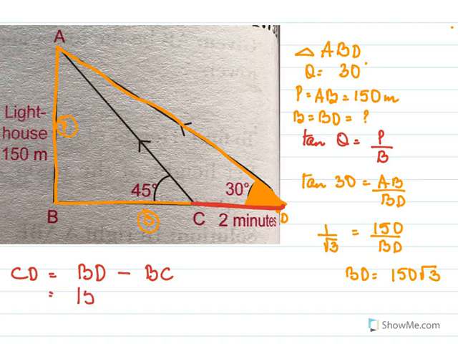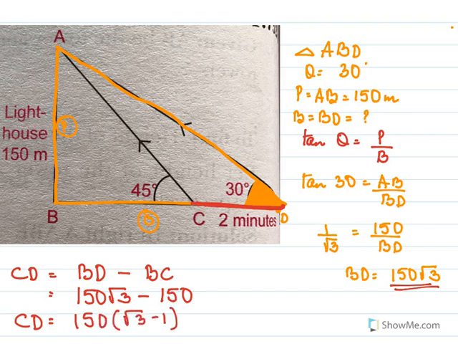And BD we found is 150 root 3 here, and earlier we found BC is 150. So our CD is 150 open the bracket, root 3 minus 1. This is our CD, which is a distance.